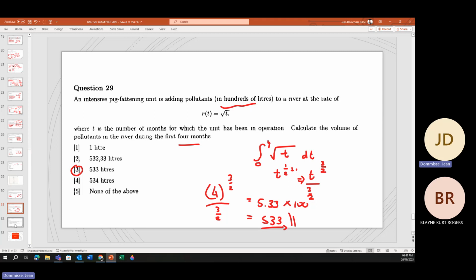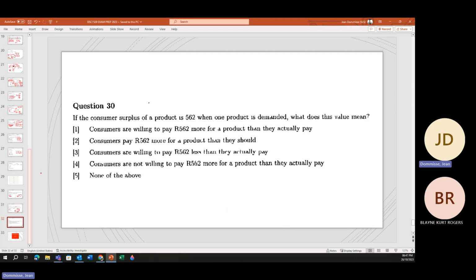Okay, and then the last one, again a bit strange, because now they're asking us about a consumer surplus, but they don't give us anything except: if the consumer surplus of a product is 562 when one product is demanded, what does this value mean?